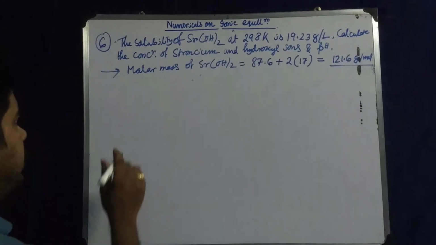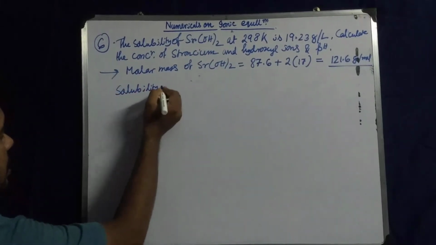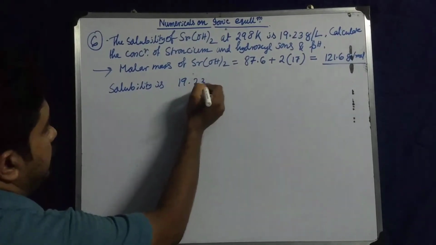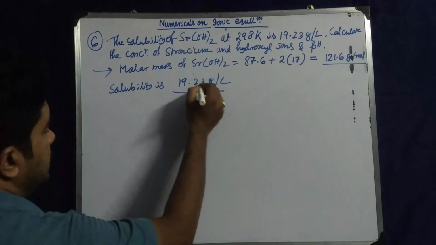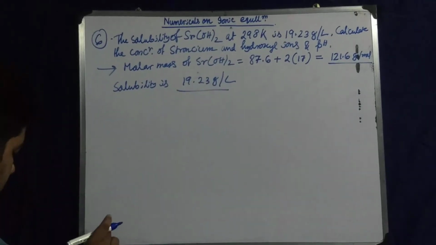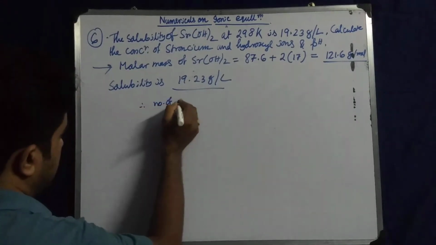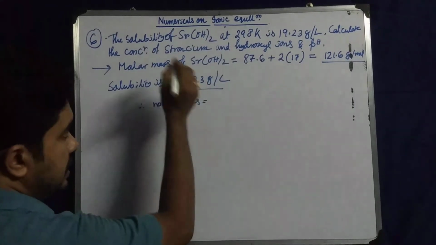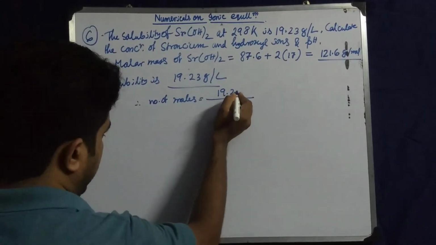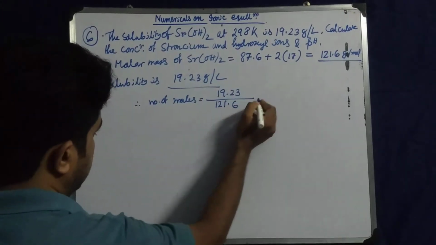So now the solubility is what? Solubility is 19.23 gram per liter. This is given as solubility. Very good. So now what we will do? Therefore, number of moles: 19.23 divided by 121.6.